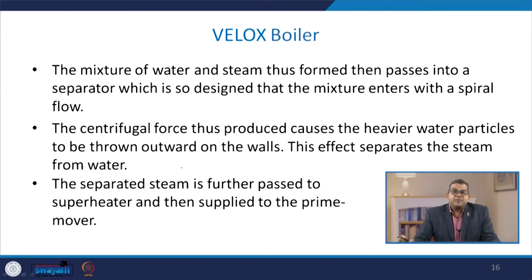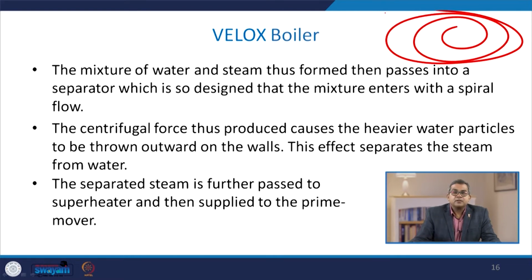Now the mixture of water and steam, whatever is formed during the course of time, then passes into a separator which is so designed that the mixture enters with a spiral flow like this. The centrifugal force causes the heavier water particles to be thrown outward onto the walls.